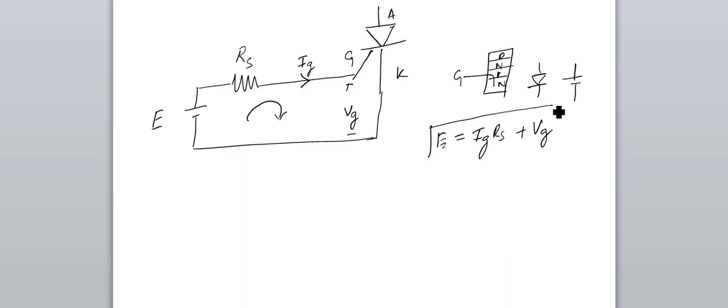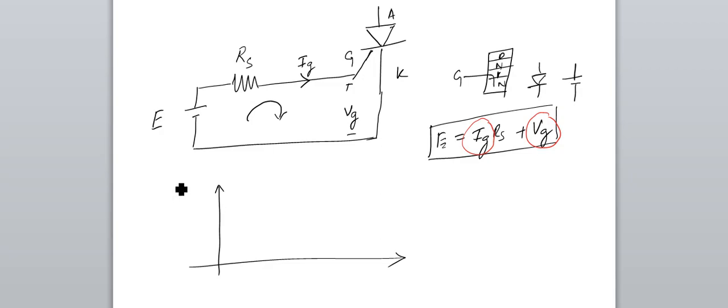Now the characteristic is drawn between two parameters. I will take the gate current and the triggering voltage, or gate voltage, which is the voltage between gate and cathode.